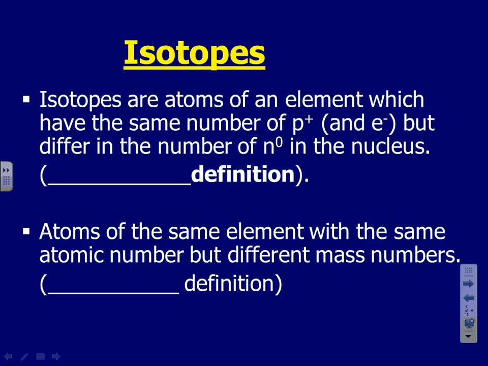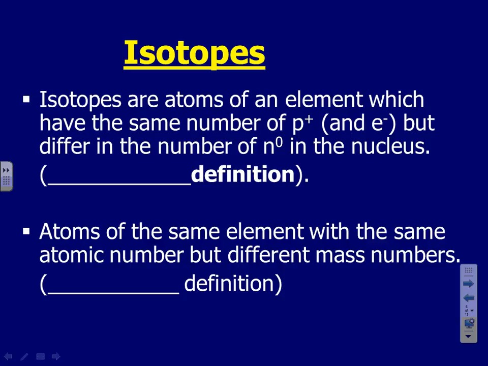And this definition is the blank definition out of our two definitions that we know, right? The other definition is atoms of the same element with the same atomic number, but different mass numbers. And that's the blank definition.